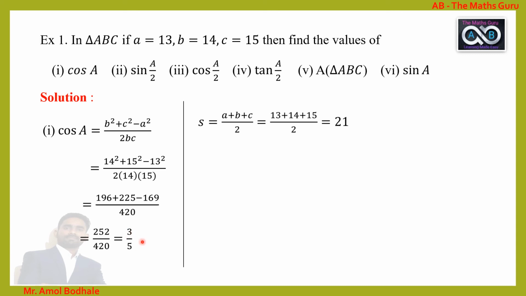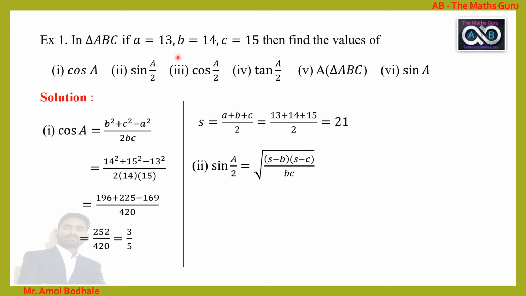The second one, sin of A by 2. To calculate sin of A by 2 we require the value of s, that's why we will calculate the semi-perimeter. s is equal to (a plus b plus c) upon 2, that is (13 plus 14 plus 15) upon 2, that is 42 upon 2, that is 21. By half angle formula, sin of A by 2 can be written as square root of (s minus b) into (s minus c) upon bc.